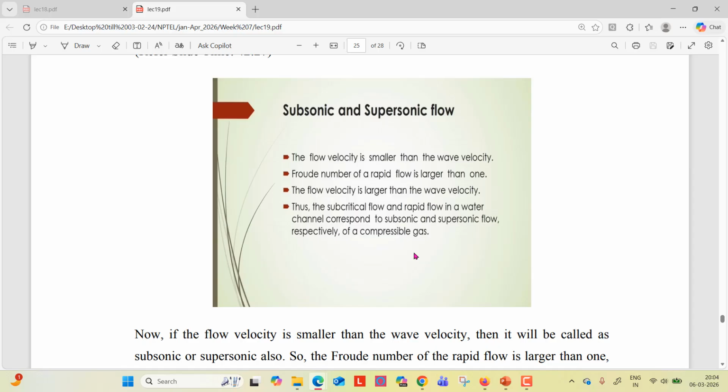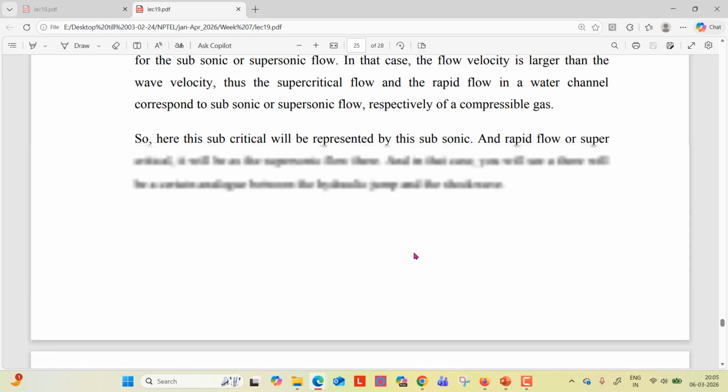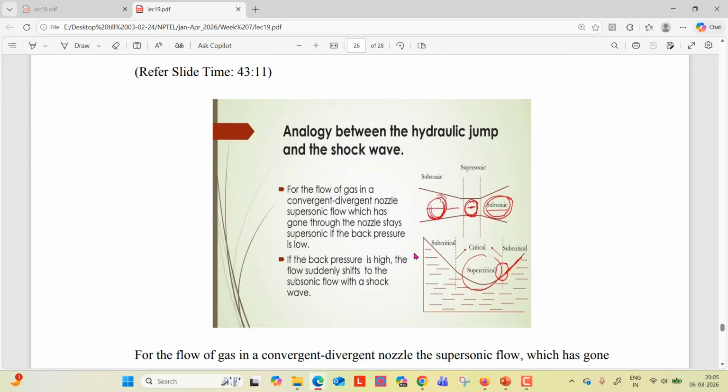Gas is also one type of fluid. When we are talking about liquid, it is subcritical and supercritical. When it comes to compressible gas, it is subsonic and supersonic. I hope you have got it.